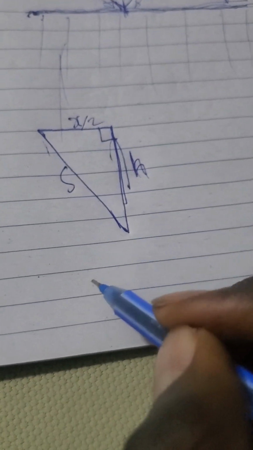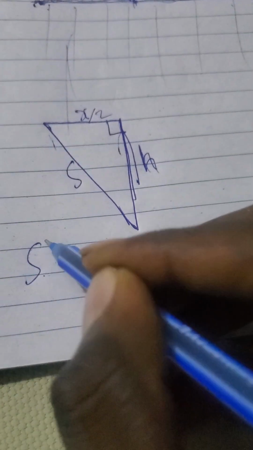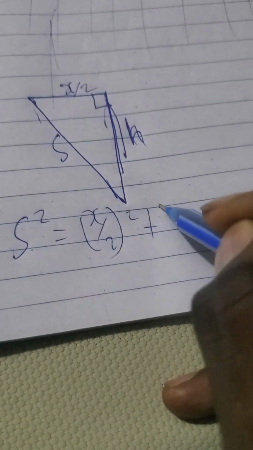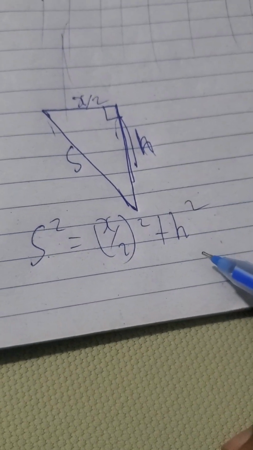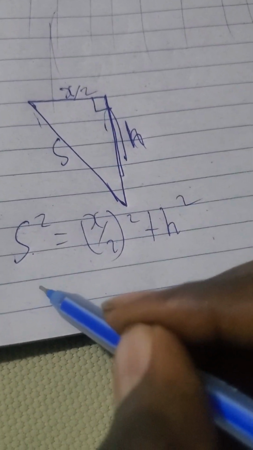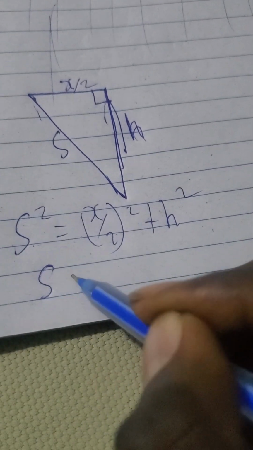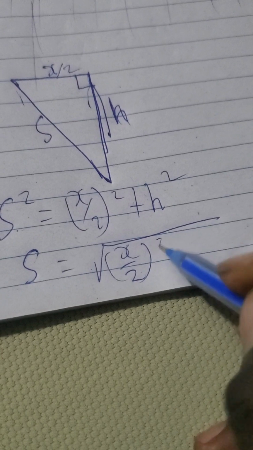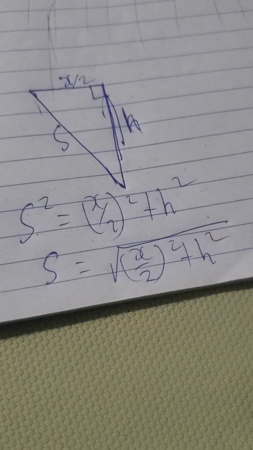If we use the Pythagoras theorem, you find that s squared is equal to x over 2 squared plus h squared, and from there you can make s the subject of the formula, so s is the square root of x over 2 squared plus h squared.